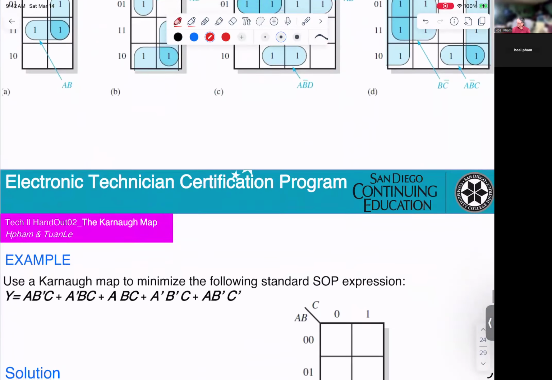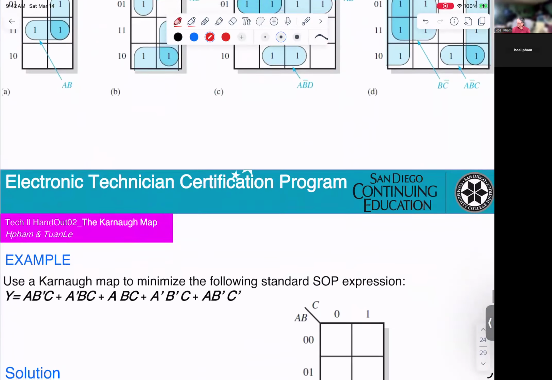We'll see on that side. A, B, not. A, B, not, right here. A, B, not C, here. A, B, not C.